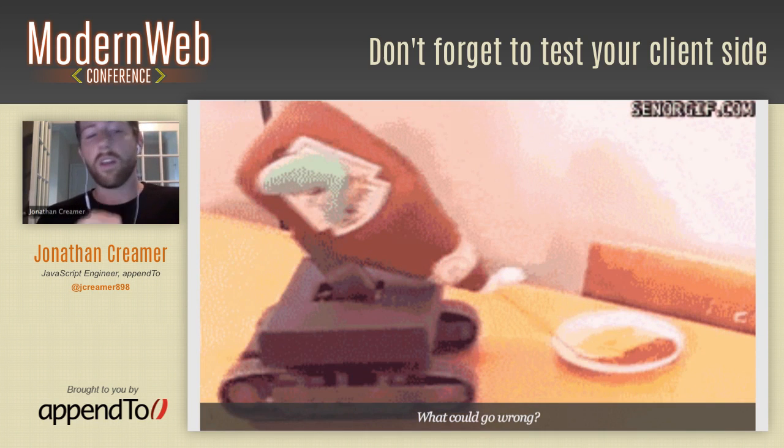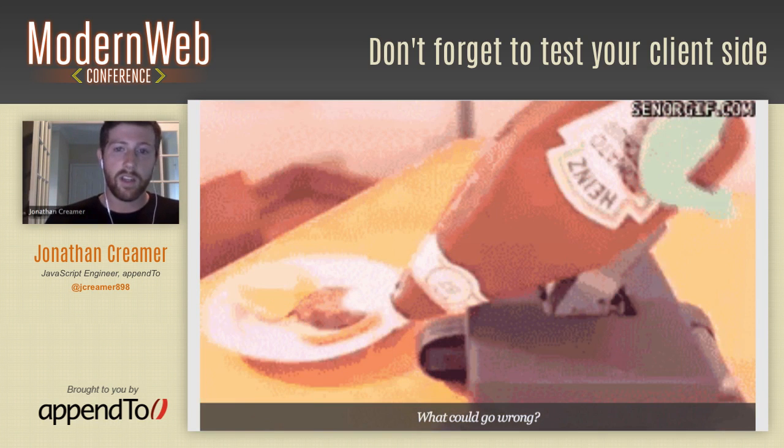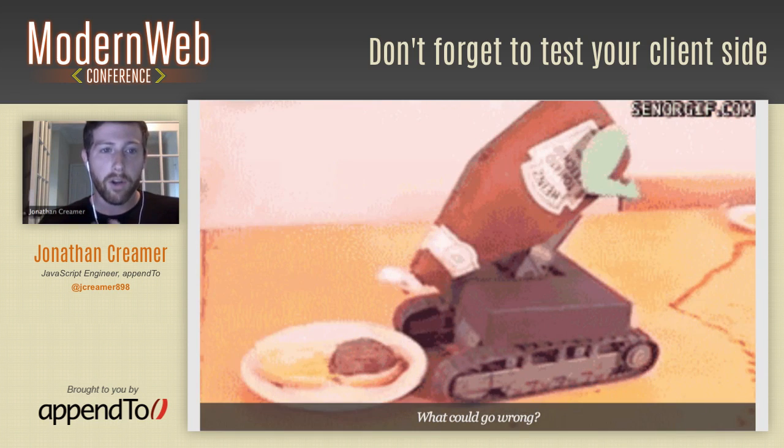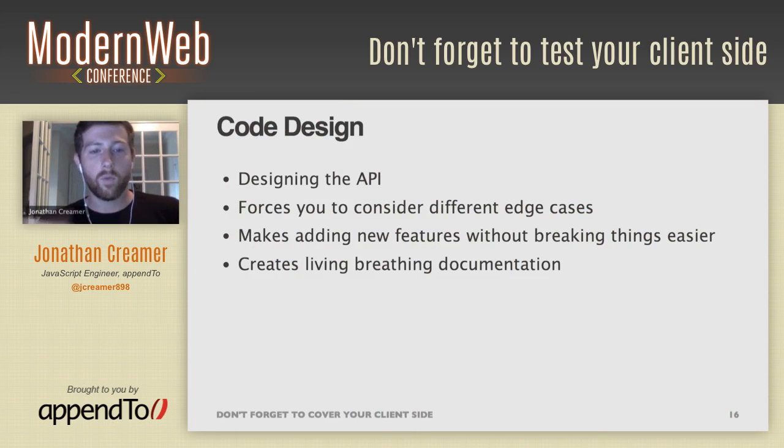Okay, so another reason that it's good to unit test is that it helps you with the design of your code. This is because when you're writing tests, you're basically writing the code that interacts with your API, with what you're working on, right?